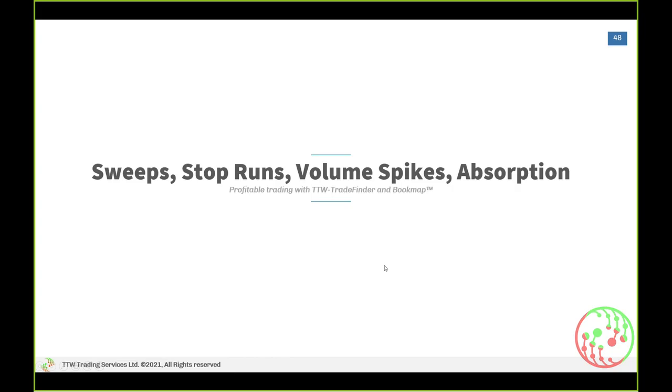Tomorrow we will talk about sweeps, stop runs, volume spikes and absorption, and then we are starting with the strategies. It gets more exciting to talk about icebergs and sweeps tomorrow. We'll dive a little more into the structure of those sweeps and icebergs, and then we will go to the options, and finally take all this together into the strategies, the correlated markets, which you will see are extremely important to know.